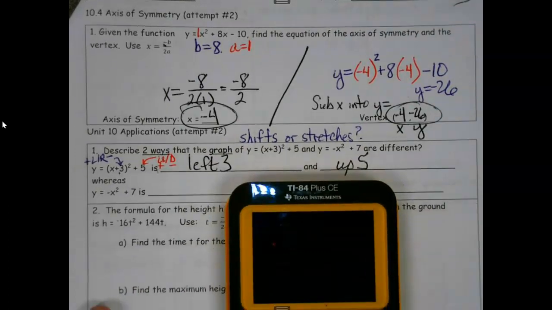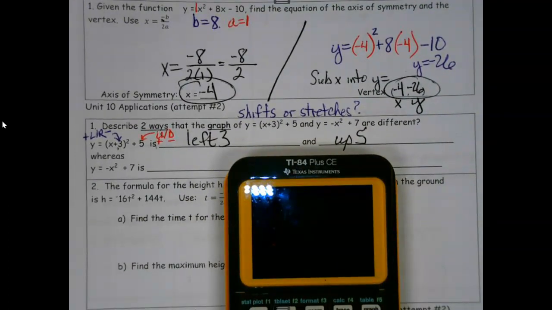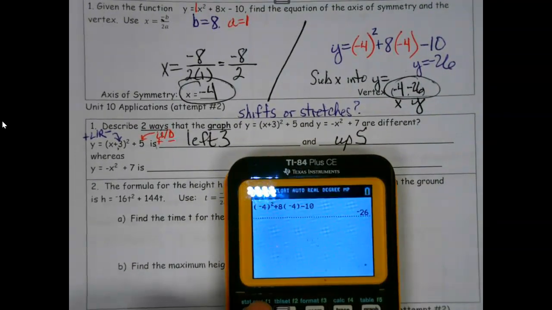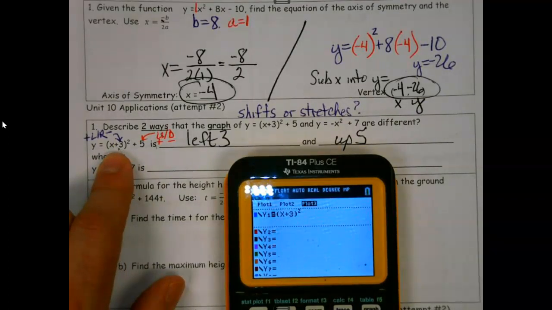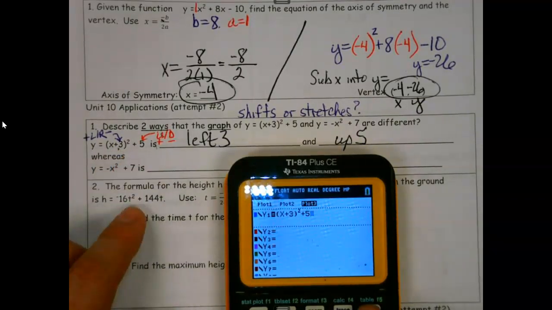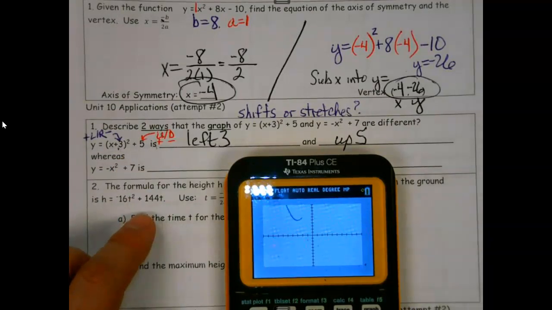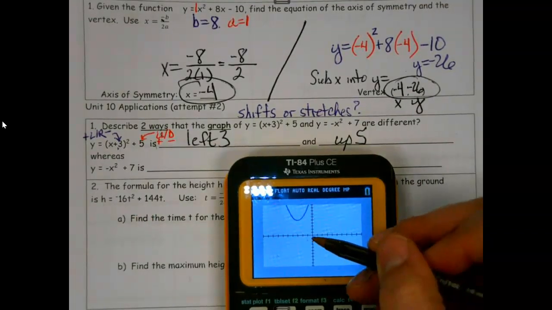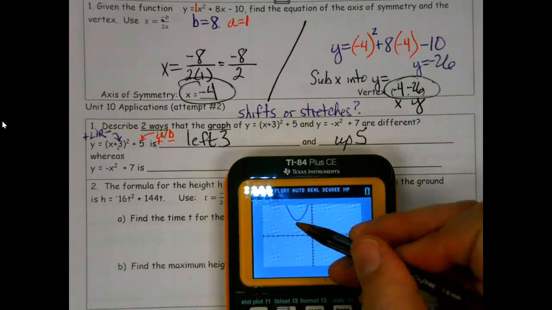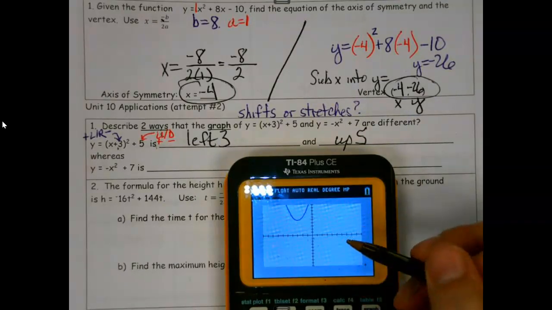Here's my other way if I wanted to do it visually, if I wanted the calculator to help me. I can type this into the calculator. Make sure I get everything typed in. So if I want to be visual, if I start from the origin and I want to get to the vertex, where did I go?